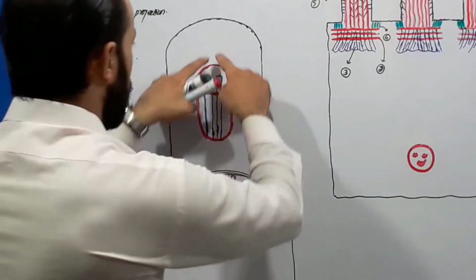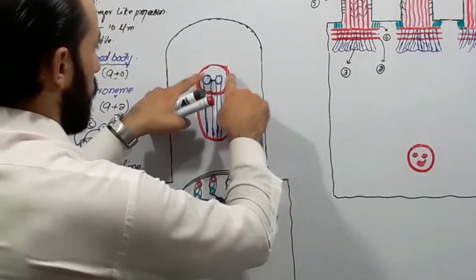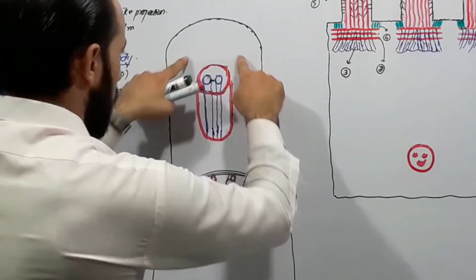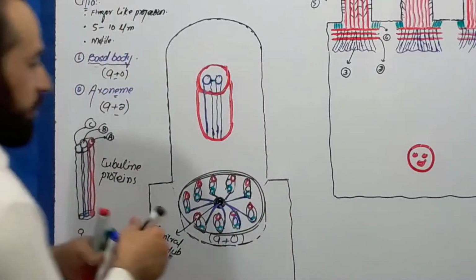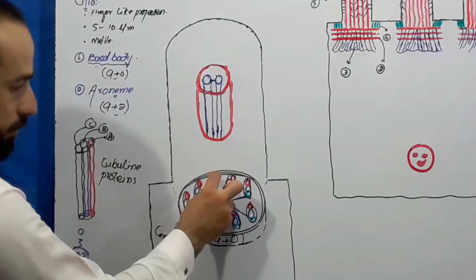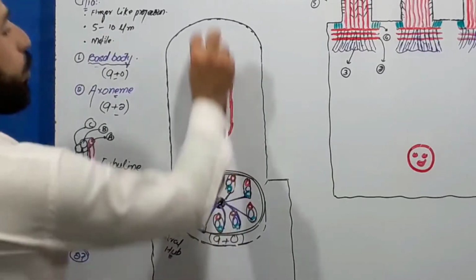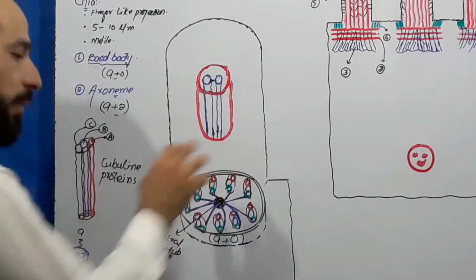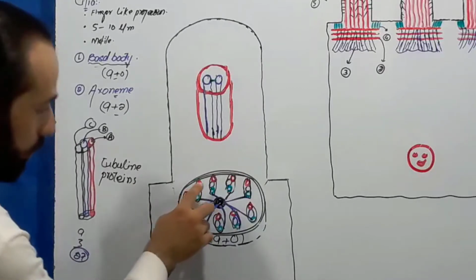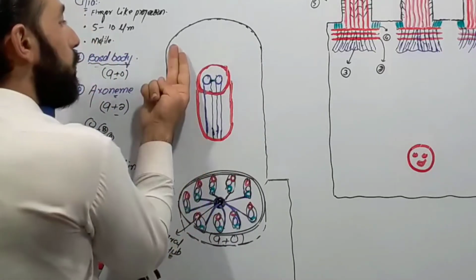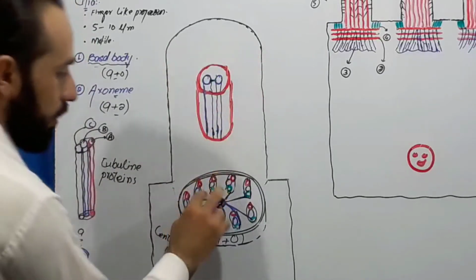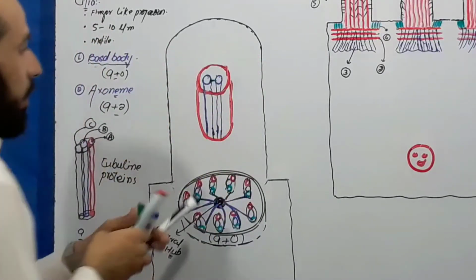Then around these two central proteins and around this central sheet, there is an arrangement of 9 doublets. Doublets means from these 3, 2 will go up but 1 will remain down, right? So from these 3 triplets, 2 of them will go up, which will make doublets, and one will remain down.